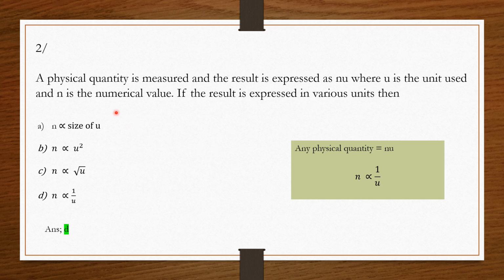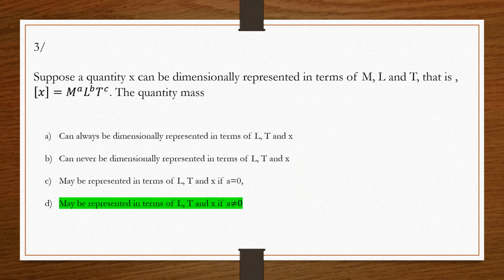So here it has been given that any physical quantity we can write as nu, and when the result is expressed in various units, then n is proportional to 1 by u. So option D is the right answer.